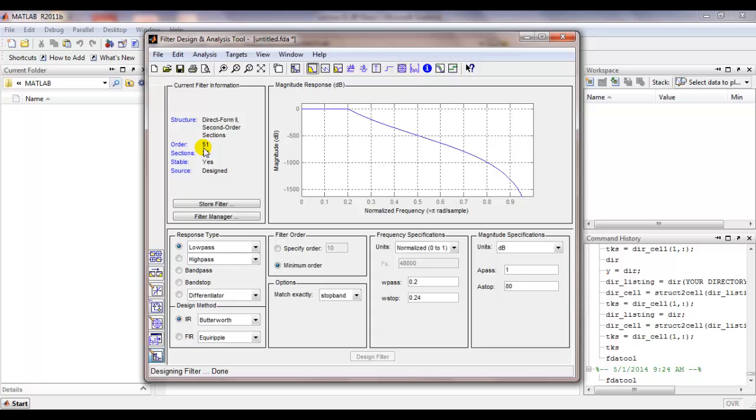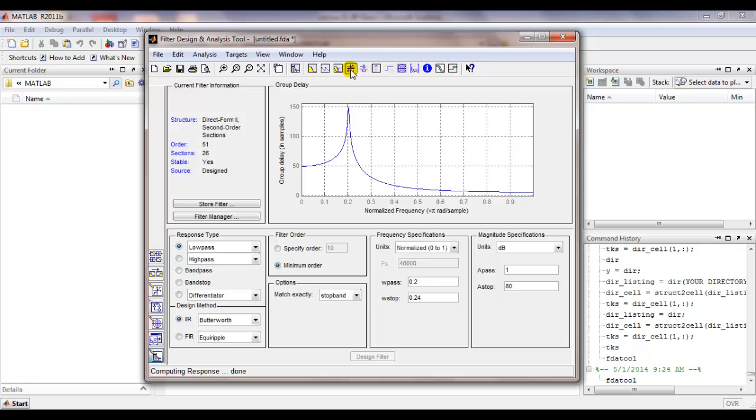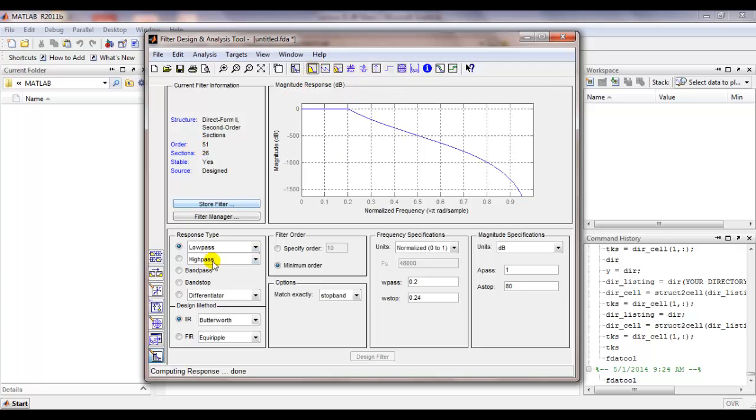What is the price you are paying? Let's go to the group delay. This is the group delay you are getting. You're not getting a linear phase. You're not getting a constant group delay. If that works, then you should use this IIR filter. I could actually reduce this order even more by selecting, for example, an elliptic filter, which we'll discuss in a little bit.